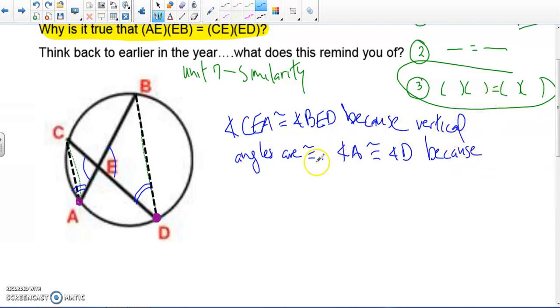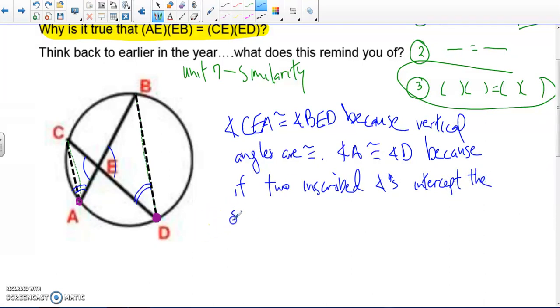Angle A is congruent to angle D because if two inscribed angles intercept the same arc, then the angles must be congruent. So kind of a weird rule, one we've looked at a little bit algebraically but never in a proof.